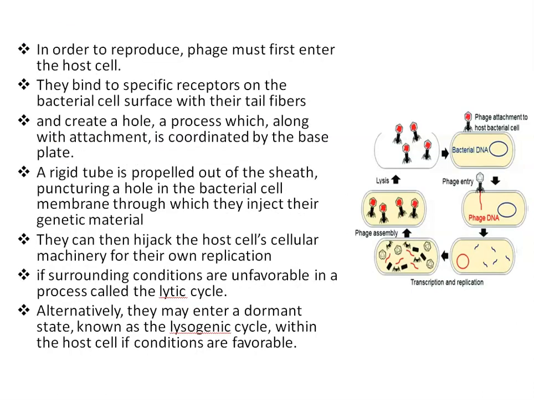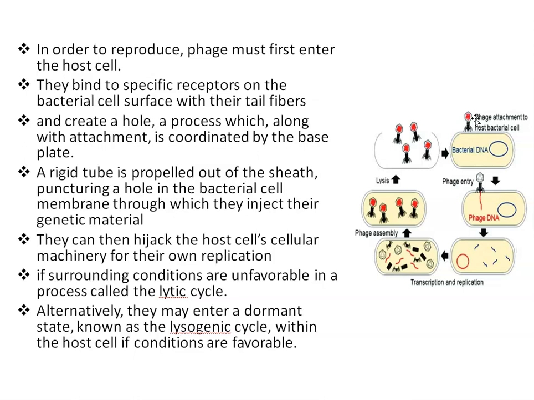Now, in order to multiply, the phage must first enter the host cell. The first step is phage attachment to the host bacterial cell, to a specific receptor on the cell surface.